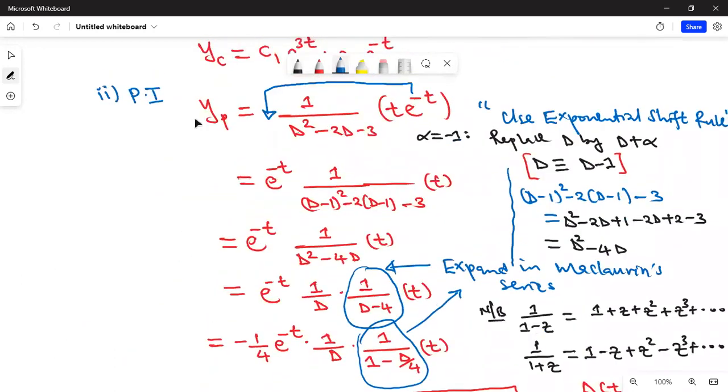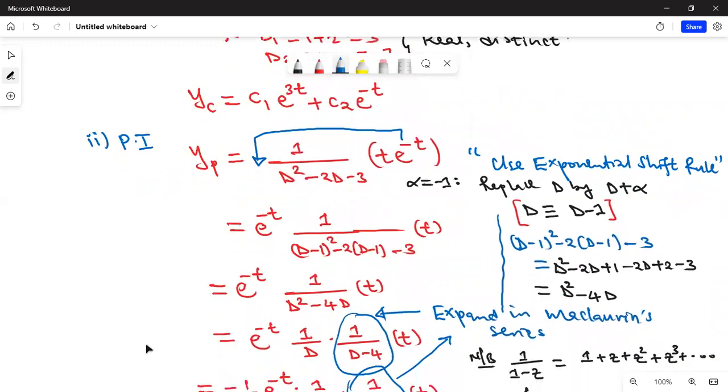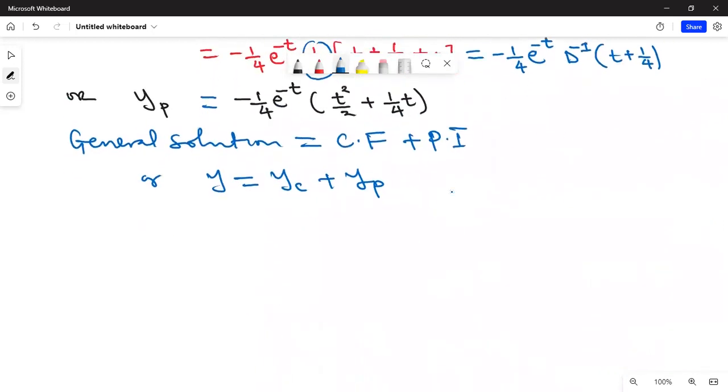Let's start with yc. That was c1 exponential 3t plus c2 exponential negative t. So that's what we write here. You write, or, y is equal to c1 exponential 3t plus c2 exponential negative t.